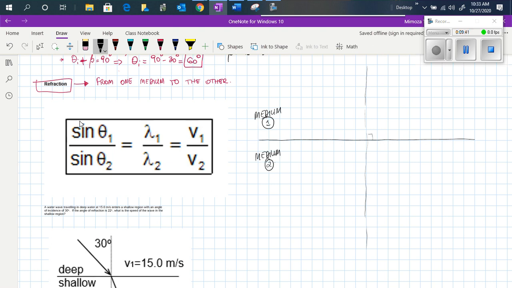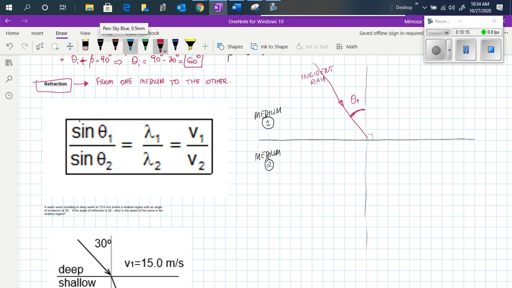And then you have an incident ray or wave that comes in this direction, creating an angle with the normal. This is known as theta 1, which is the incident angle.